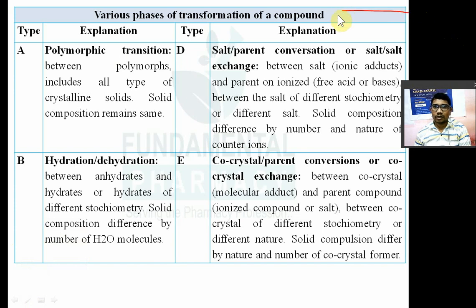Molecular transformation. जैसे आपका सॉल्ट फॉर्म होता है, पेरेंट का ड्रग होता है. सो हाउ देयर इज अ ट्रांसफॉर्मेशन फ्रॉम ए फ्री ड्रग टू द सॉल्ट फॉर्म. हाउ देयर इज अ ट्रांसफॉर्मेशन ऑफ अ ड्रग फ्रॉम हाइड्रेट एंड डिहाइड्रेशन, हाइड्रेट फॉर्म एंड डिहाइड्रेटेड फॉर्म. अनहाइड्रस फॉर्म जो होता है देयर इज अ विदाउट वाटर मॉलिक्यूल, हाइड्रस फॉर्म इज वाटर मॉलिक्यूल. हाउ देयर इज अ ट्रांसफॉर्मेशन बिटवीन हाइड्रस टू अनहाइड्रस or anhydrous to hydrous, polymorphic transfer. So there are different levels, or you can say different phases of transformation of compound.